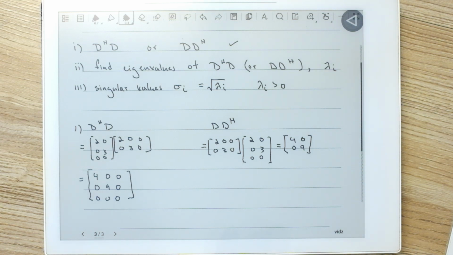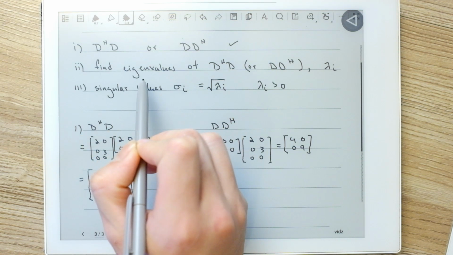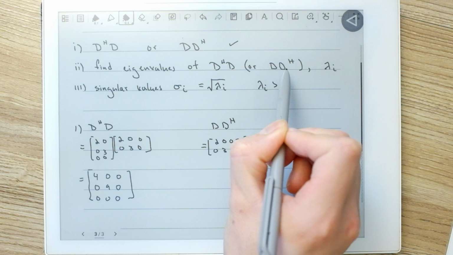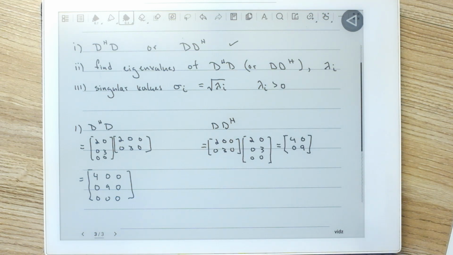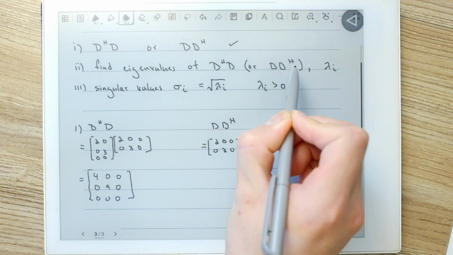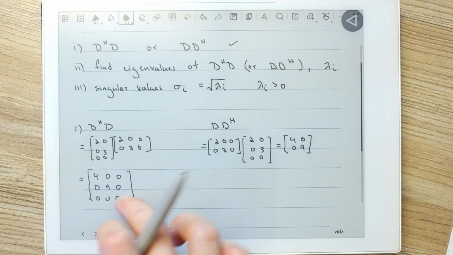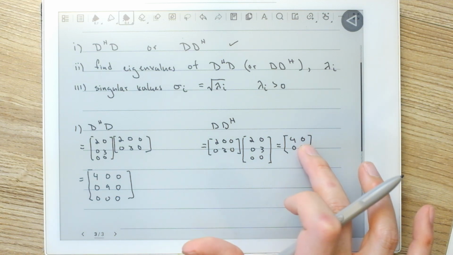And generally, when we want to attack the second step, when we want to find the eigenvalues of the matrix we constructed, we need to calculate the determinant of the one which we chose. But calculating the determinant of a 3 by 3 matrix is a lot more complicated than calculating the determinant of a 2 by 2 matrix.